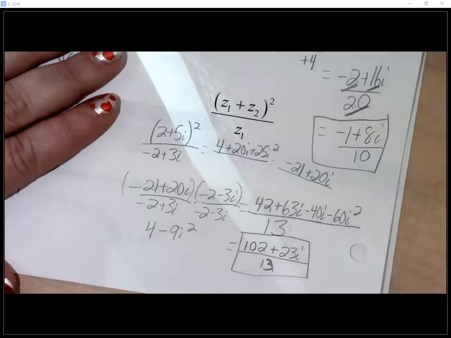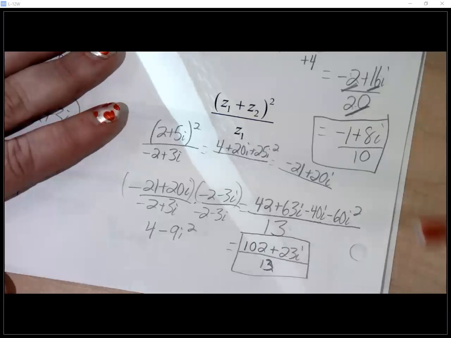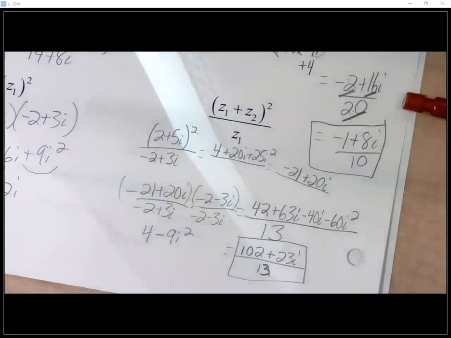Thoughts? Do we kind of remember? All right, so I just have some for you to practice today. And then that's it.